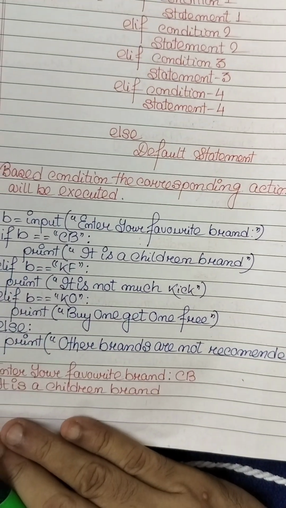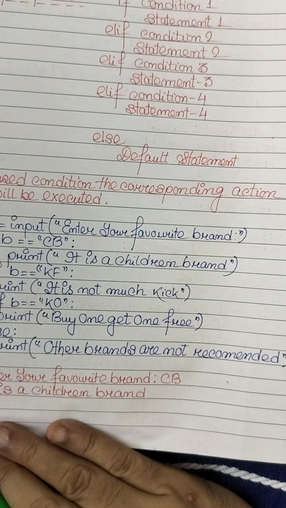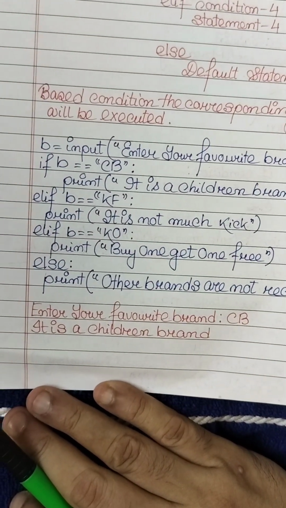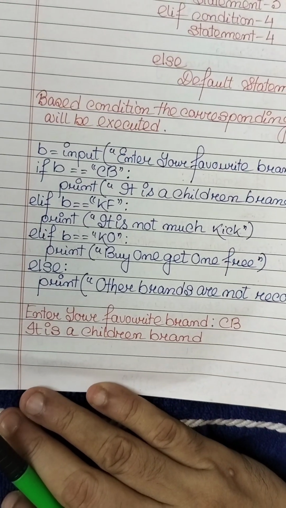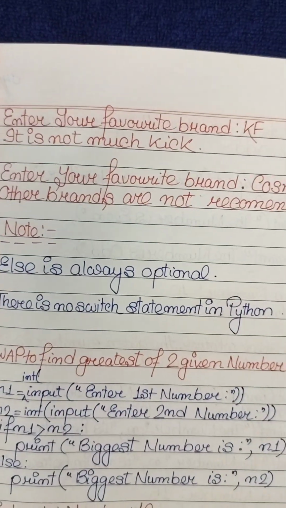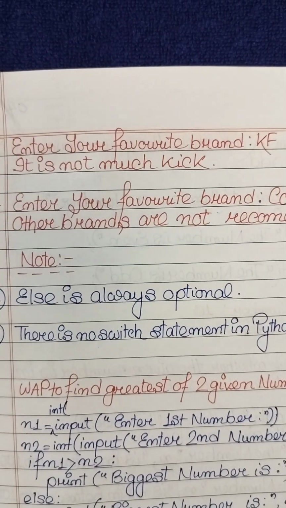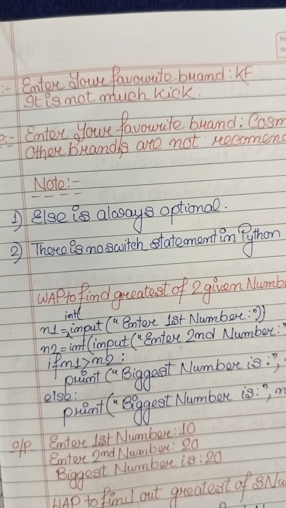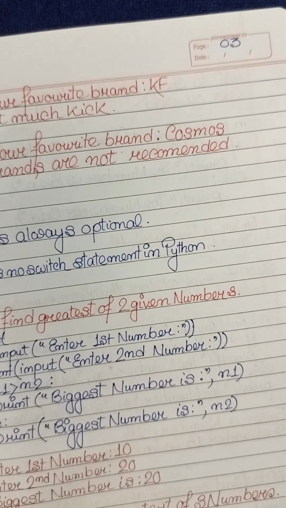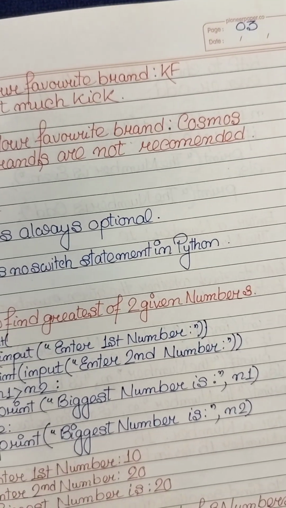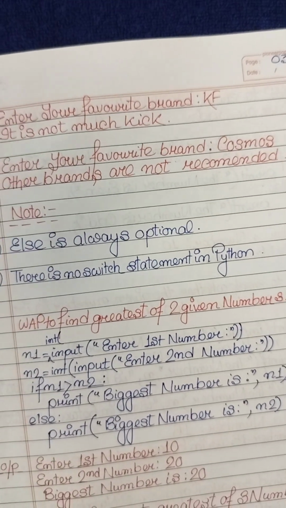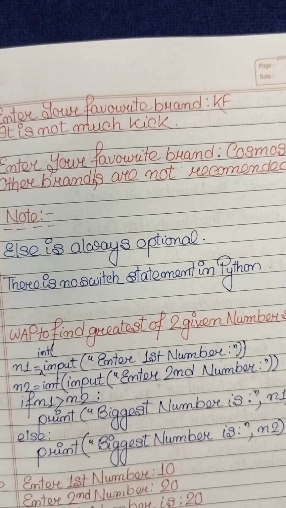Else it will print other brands are recommended. If we enter CB, then it is a children brand. If we enter KF, it prints it is not much kick. If we enter favorite brand Cosmos, which is not in the if or elif statements, the else part will be executed: other brands are recommended.